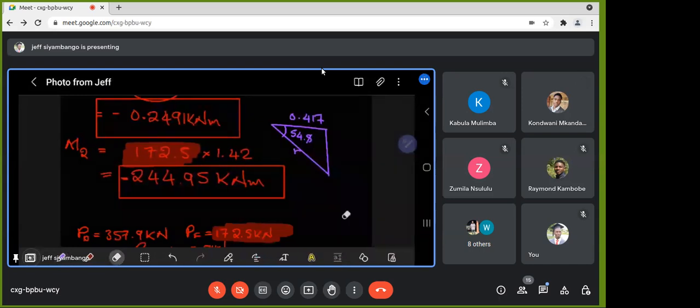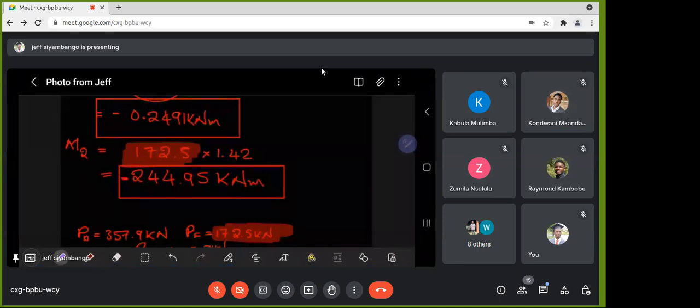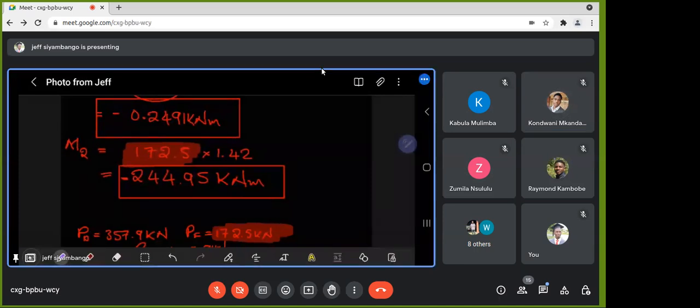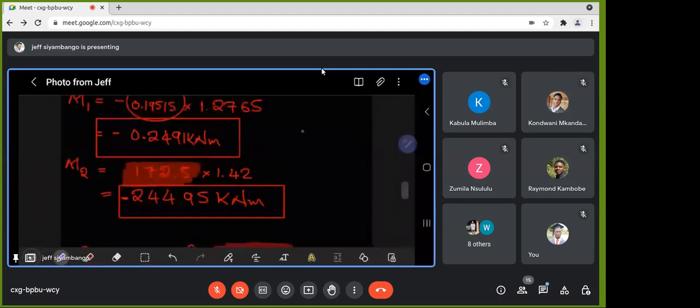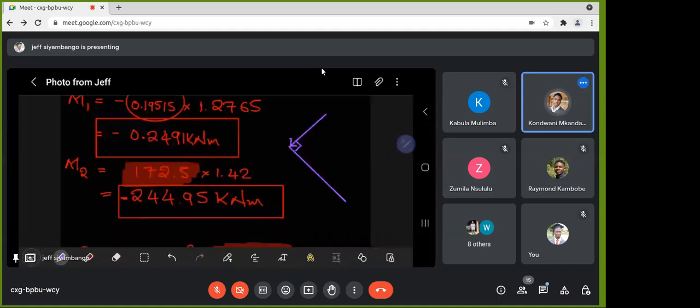So it's okay even if the distance isn't perpendicular to the force? The distance has to be perpendicular to the force. In the case where you decide to use PD as it is, the perpendicular distance becomes this one. Observe that they are now perpendicular. Okay. Yeah.